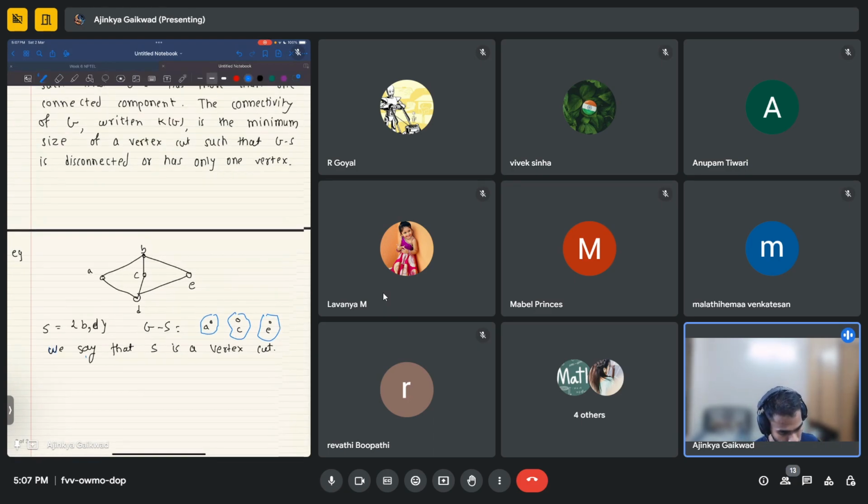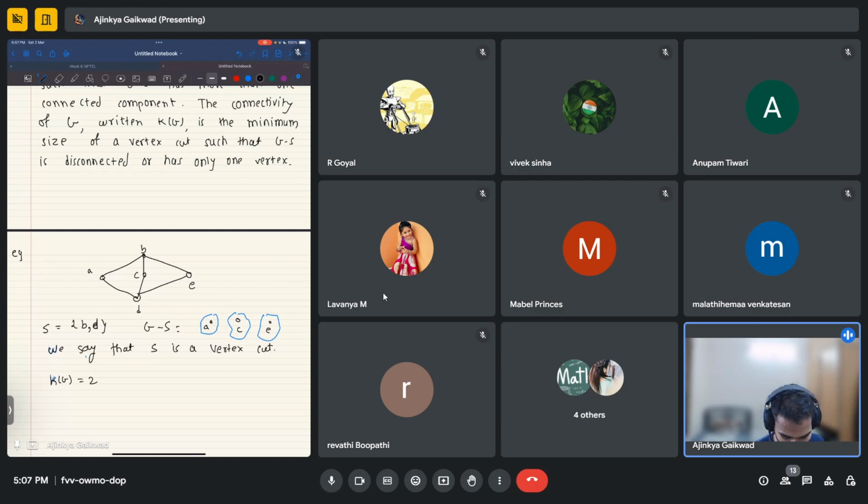So the S that I have deleted is of smallest size. For this graph, the connectivity is 2. We denote it by k of G equals 2, because S is the minimum size of a vertex cut.